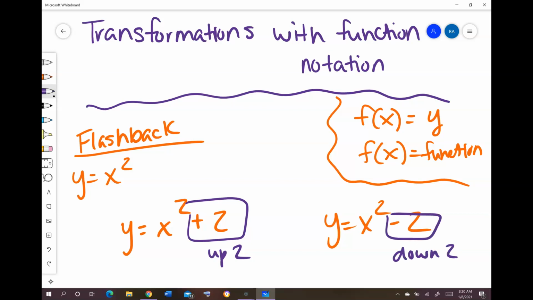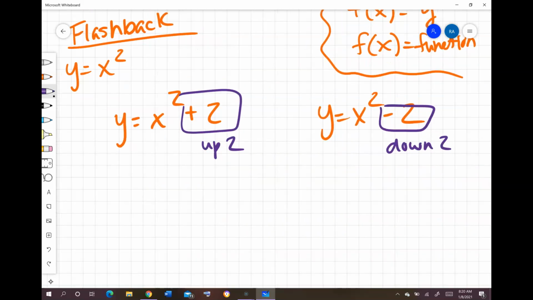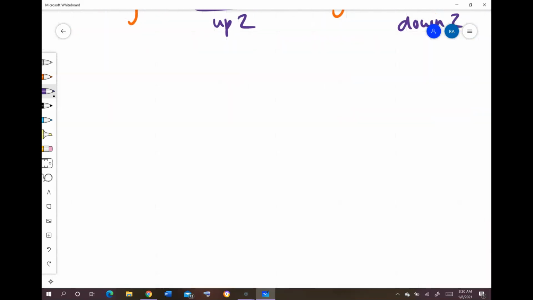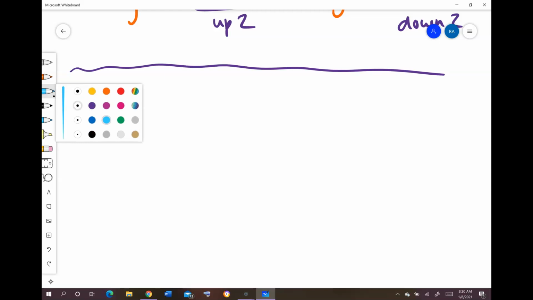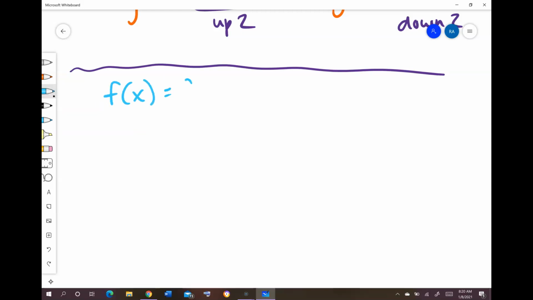Okay? So I'm going to show you it with function notation so you guys can apply transformations to any equation. Any function you find, you can do transformations with. All right. So today, function notation. I just told you that f of x, all that means is it's a function, okay?